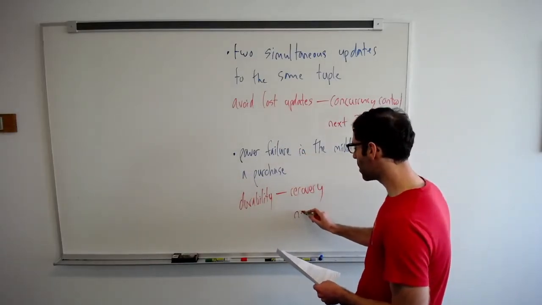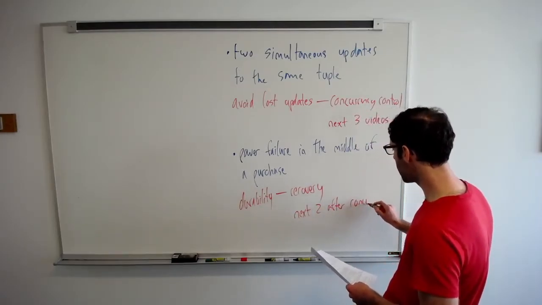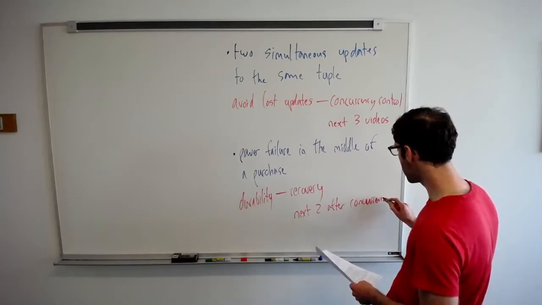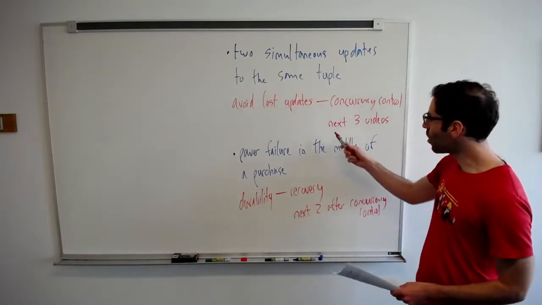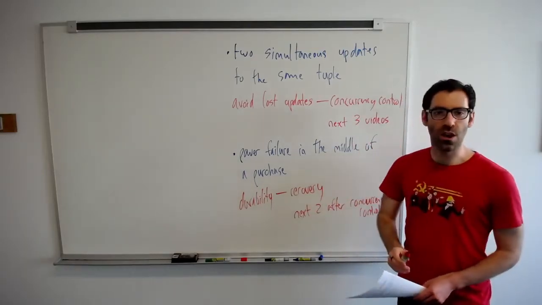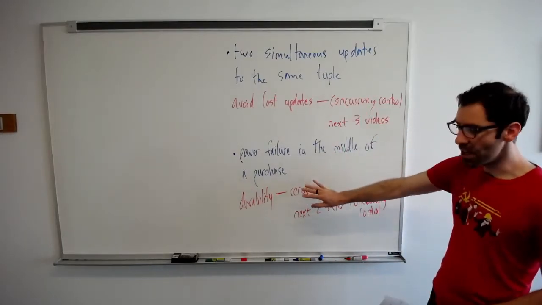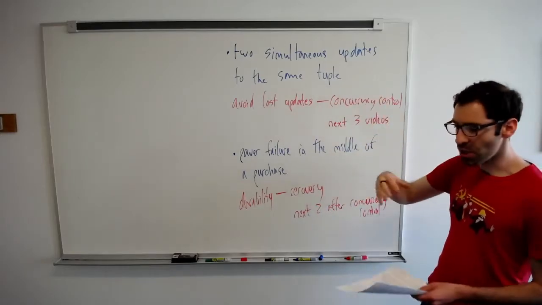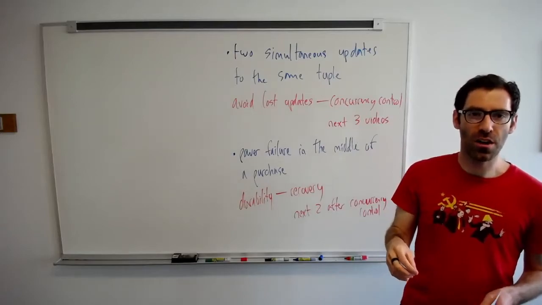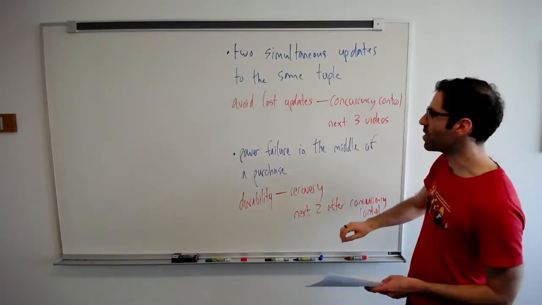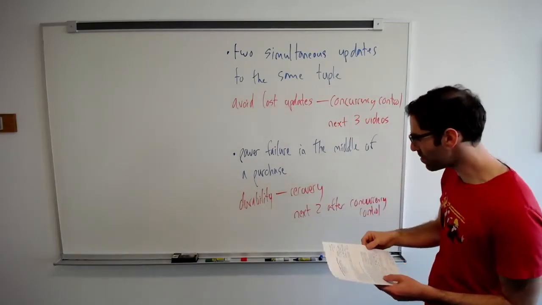And the next two videos after our three on concurrency control will be on this recovery idea. And both of these topics permeate throughout the different parts of the database that we've talked about. So that's why we're coming to them last, now that we've assembled a lot of the pieces.